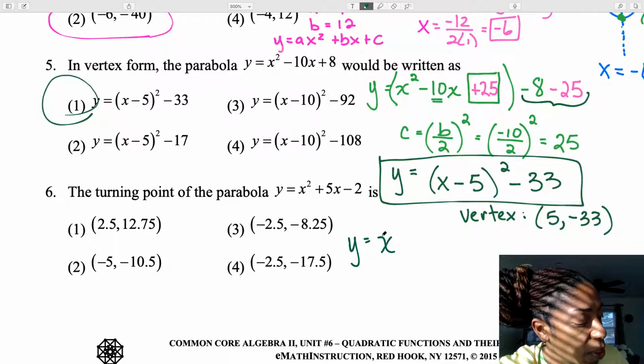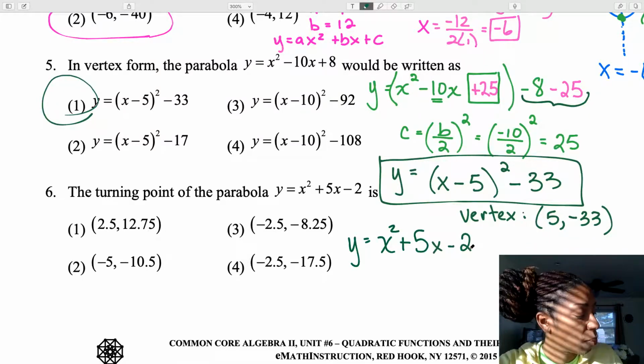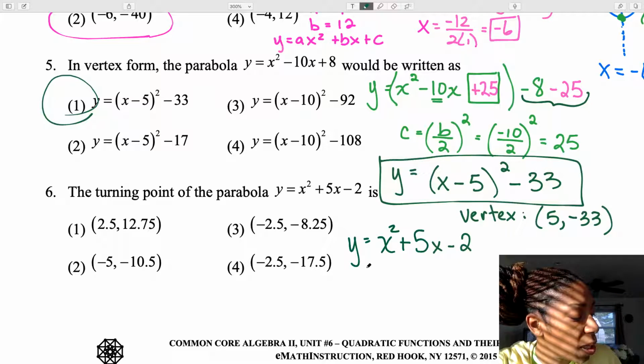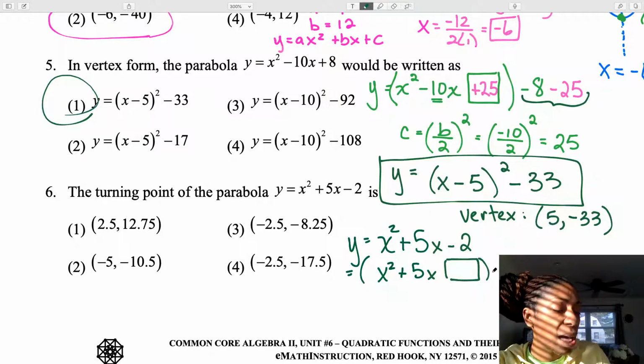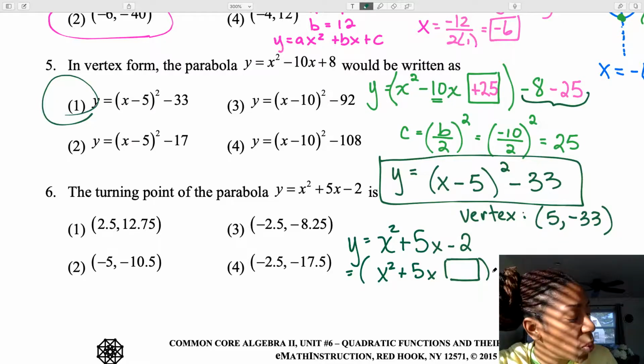So y equals x squared plus 5x minus 2. First, we separate the x squared plus 5x. And we're going to find the new c value that makes this trinomial a perfect square. And we bring down the minus 2. Don't forget the minus 2.